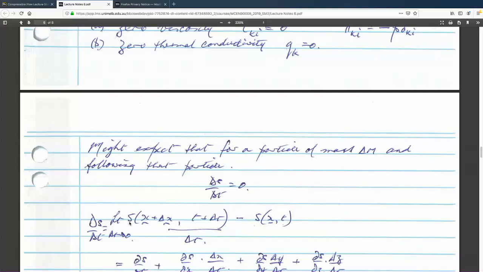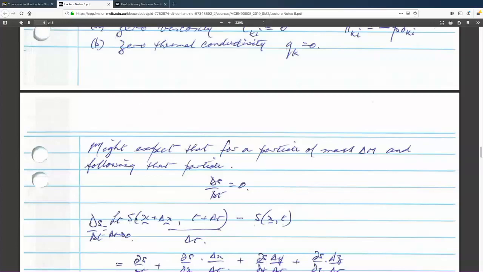So what is delta y? It's v delta t. And delta z is w delta t. Not more complicated than that. Put those in here.